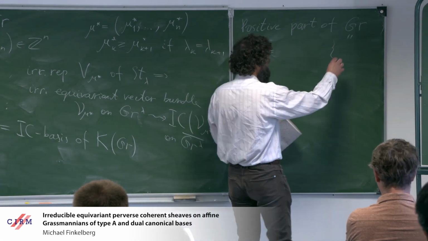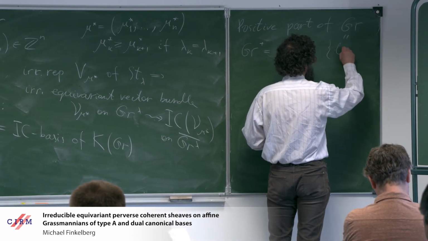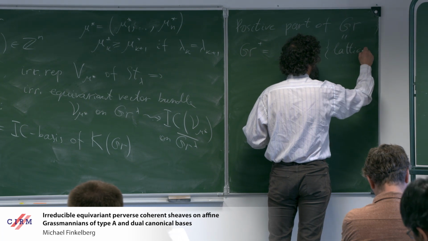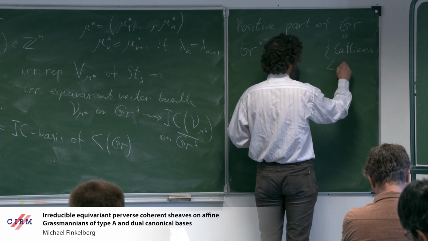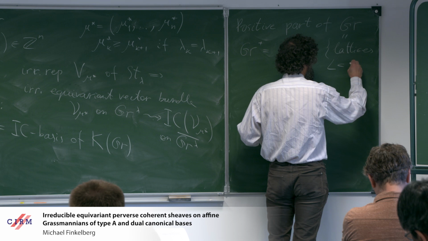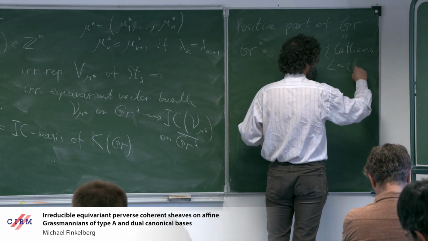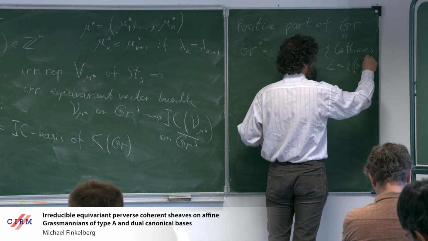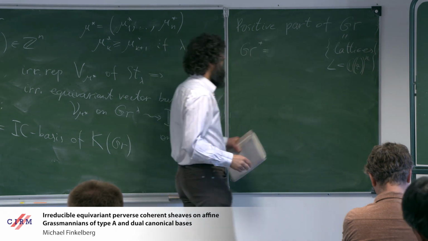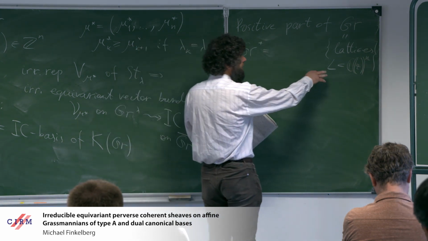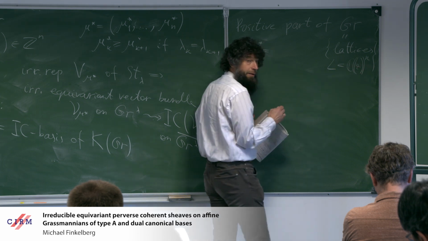So the Grassmannian itself is more like the space of lattices L in the Laurent polynomials vector space, like this. And here the Grassmannian part are those lattices which lie inside the standard one.